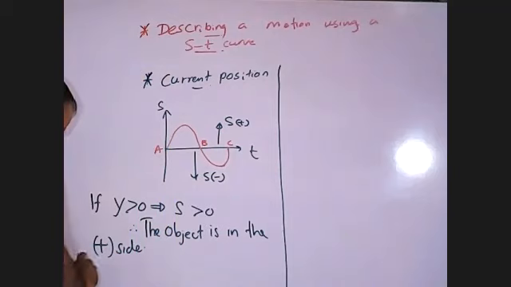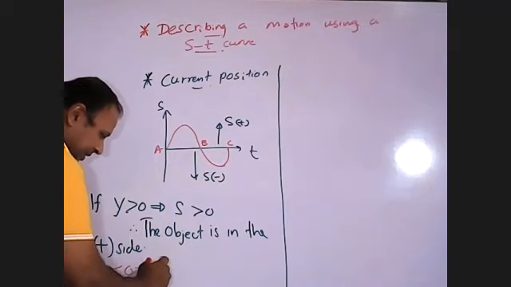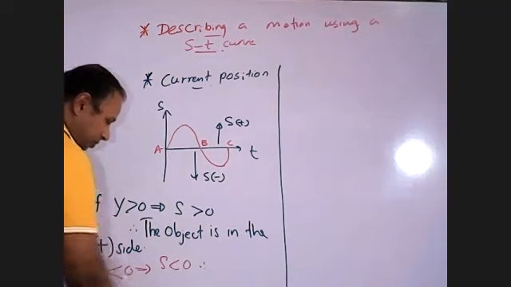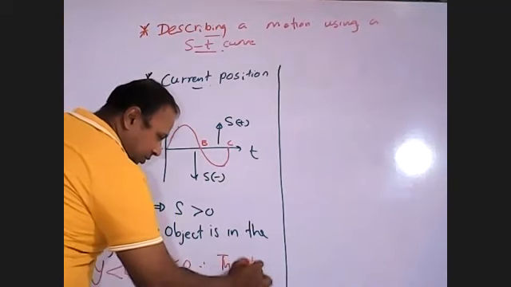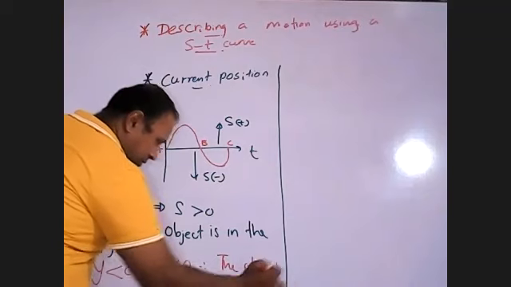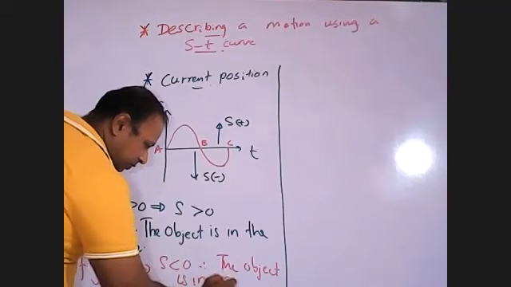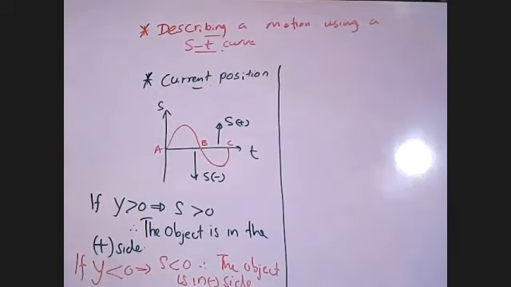If y is negative, that means S is negative. Therefore, the object is on the negative side.